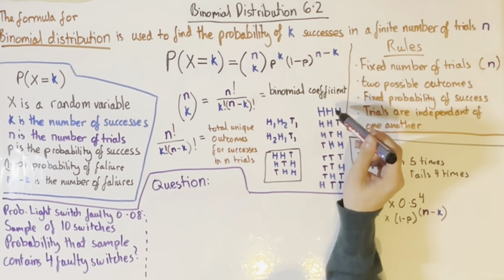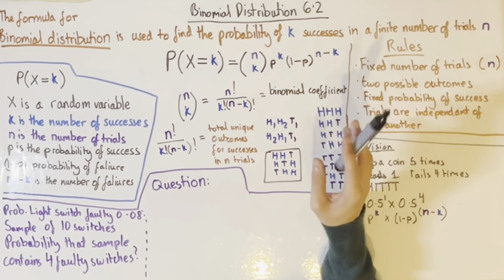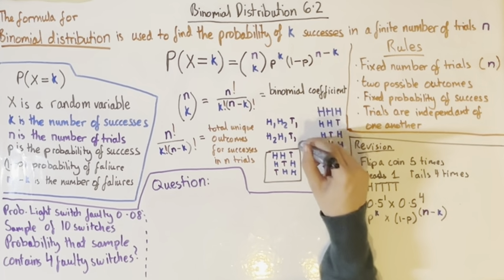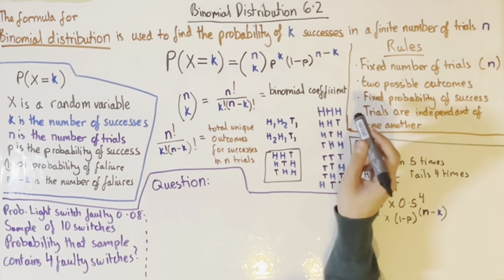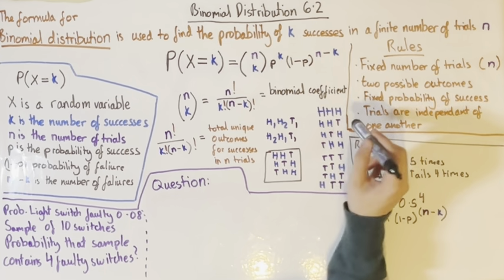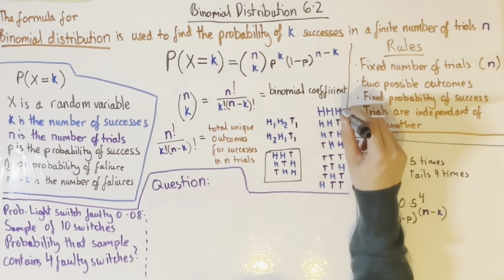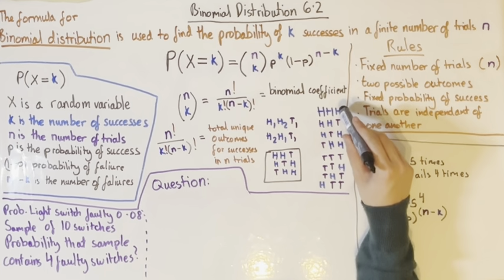Let's say I flip a coin and I want to get 2 heads, which means that to get 2 heads I need 1 tail. These are all the possible outcomes I can get for flipping a coin 3 times.